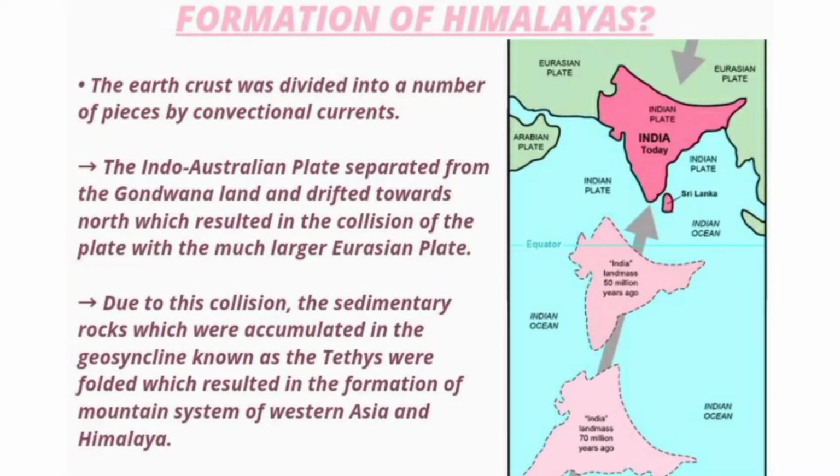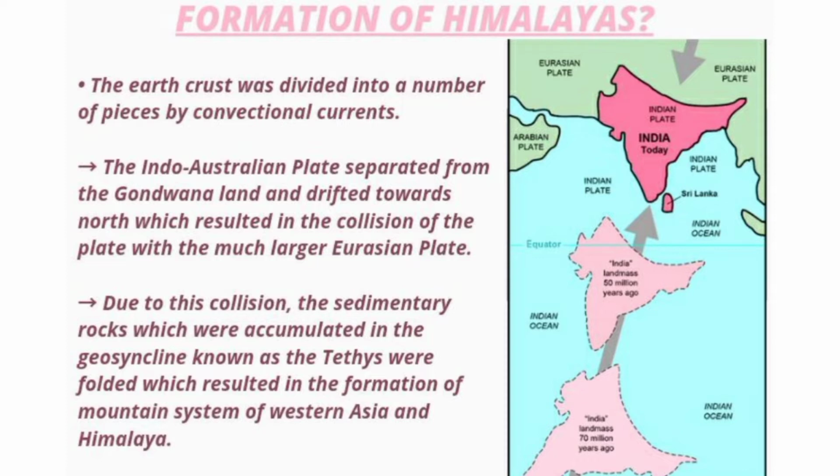Now we will discuss the formation of Himalayas. The earth's crust was divided into a number of pieces by convection currents. The Indo-Australian plate separated from Gondwana land and drifted towards the north, which resulted in the collision of the plate with the much larger Eurasian plate.